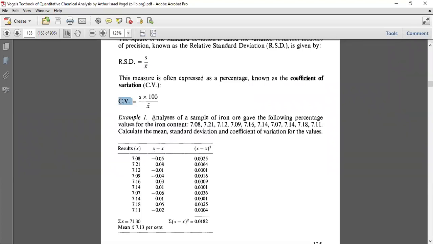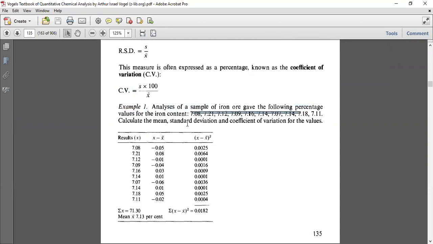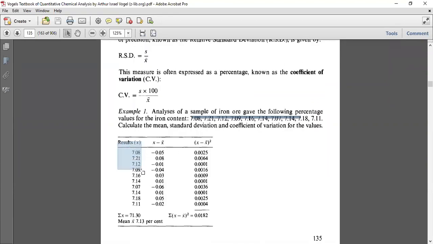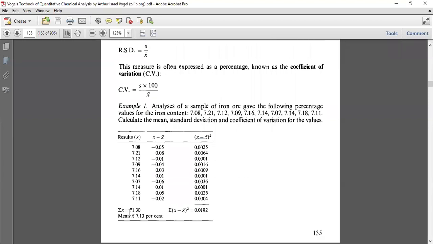Then we have done this problem, analysis of a sample. You had written all these values, then calculated mean, standard deviation, and coefficient of variation. This observation table we did in class. Then you calculated x minus x bar, (x minus x bar) squared, the summation of x and the summation of this.